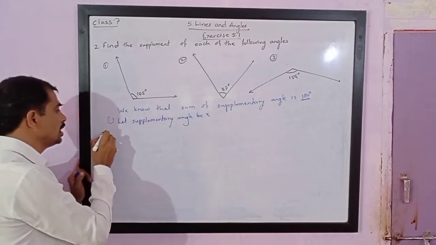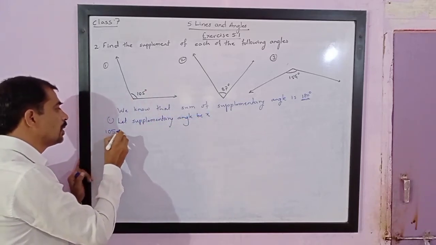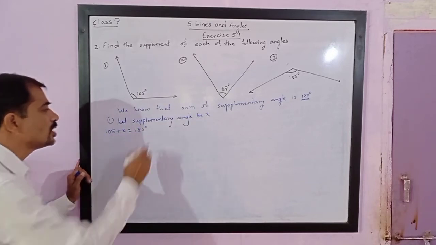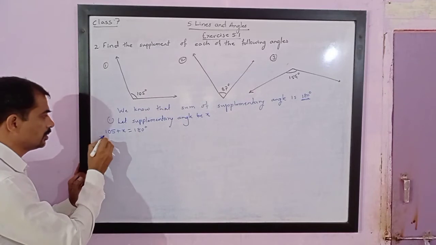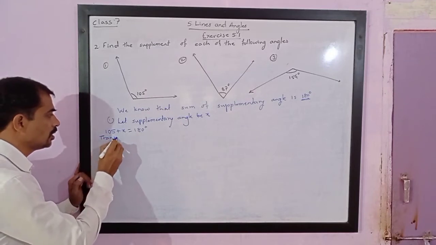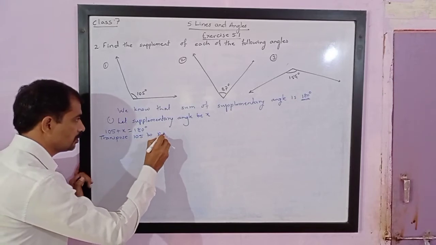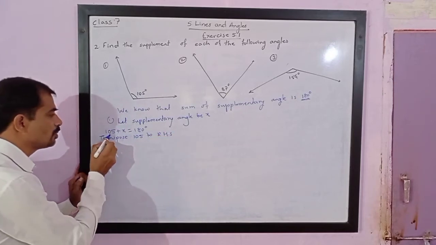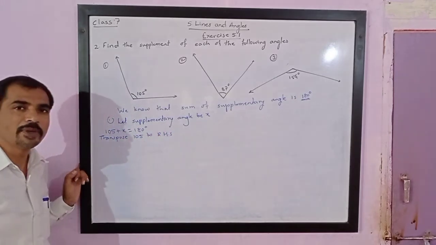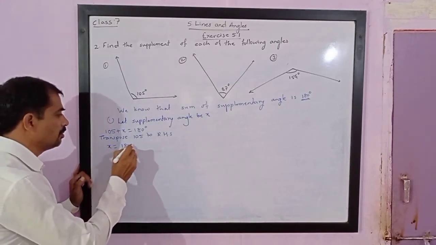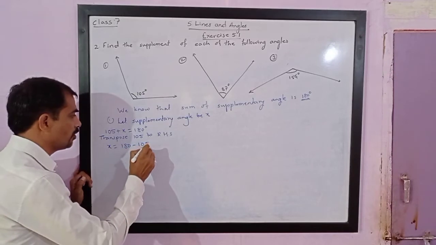So we will get 105 plus x is equal to 180 degrees. Now transpose 105 to the right hand side. Please note this is positive, so when it is transposed it will become negative. We will get x is equal to 180 minus 105.